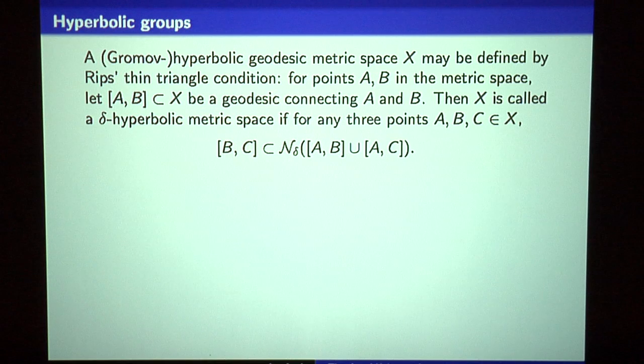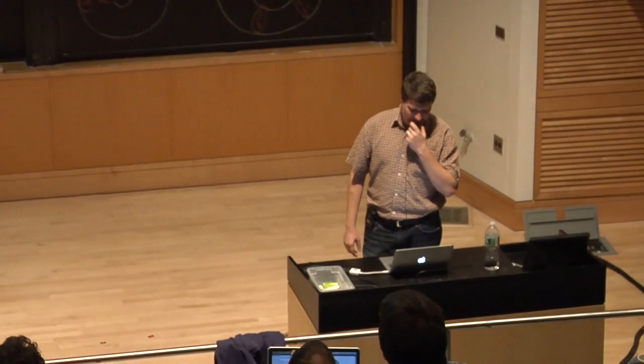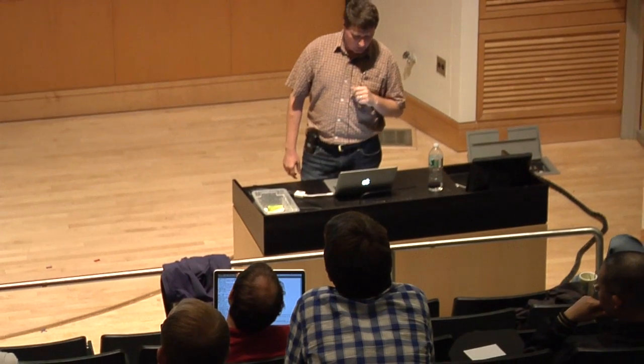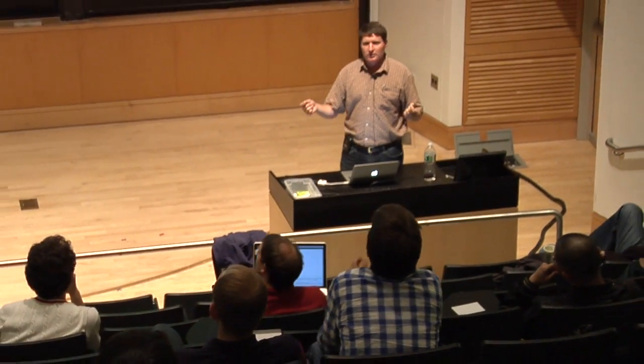So, a Gromov hyperbolic metric space, a geodesic metric space. So what do I mean by geodesic metric space? Is that clear? Does anyone have an idea? Well, what's a geodesic?